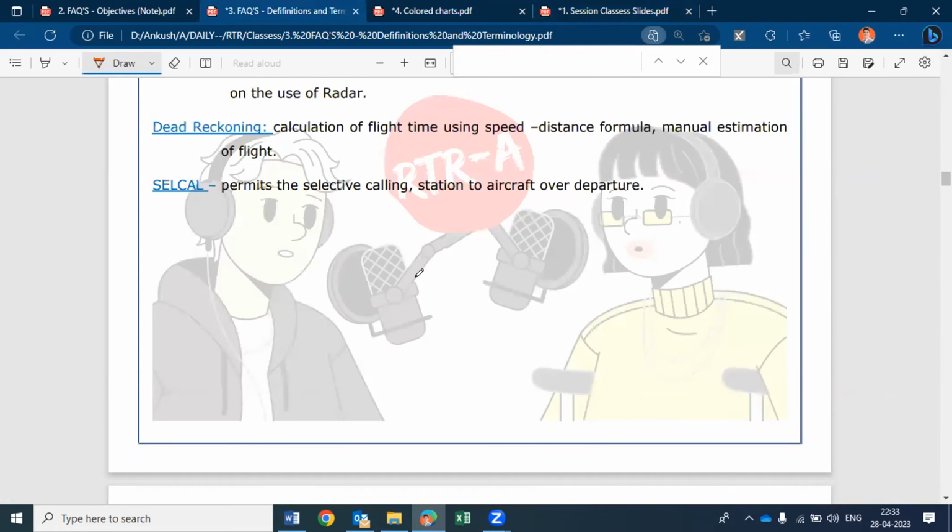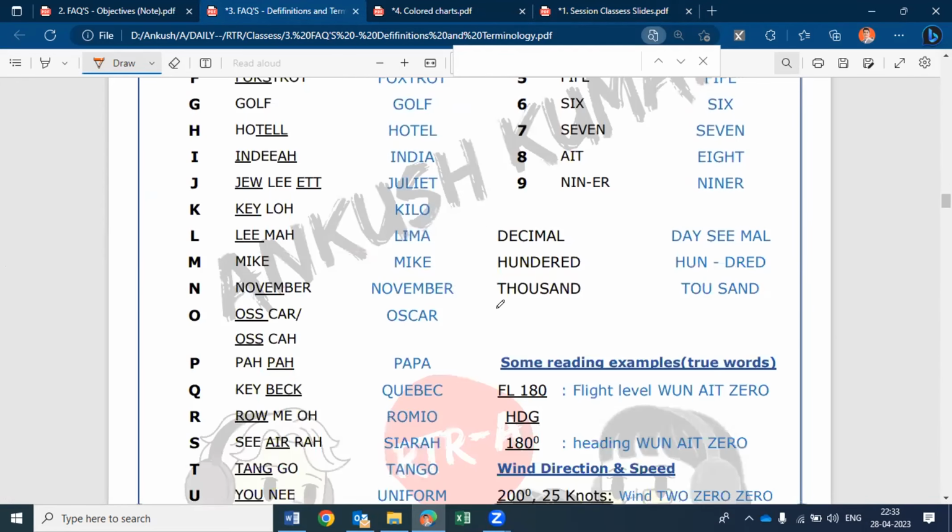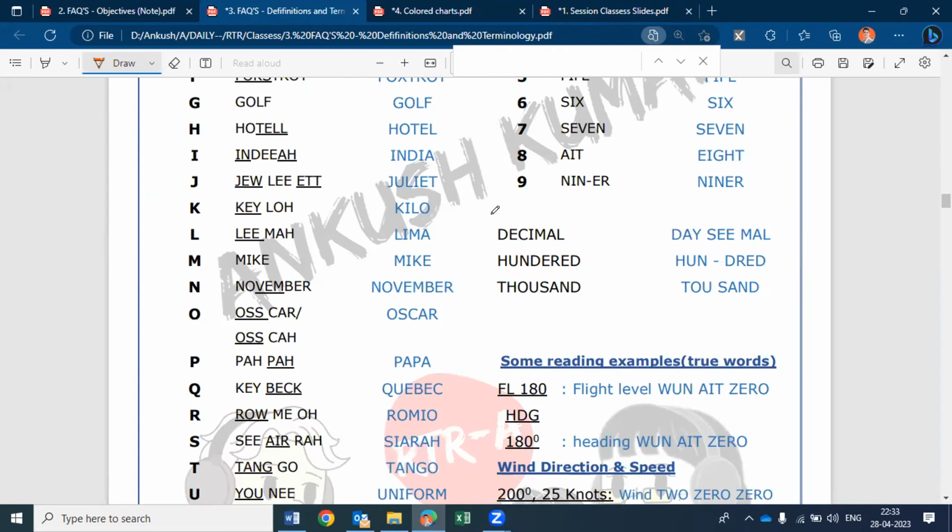So we had this aeronautical phonetics a few days ago, right? Ahead of that, we are going to read some more important phrases related to the readings. Like Abhishek pronounced it in a very good manner.